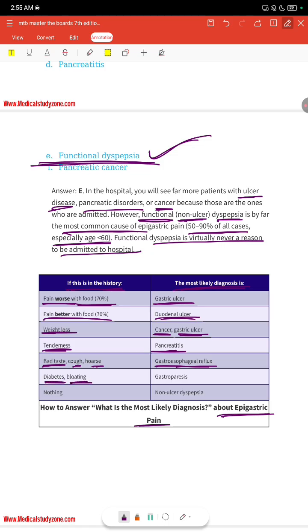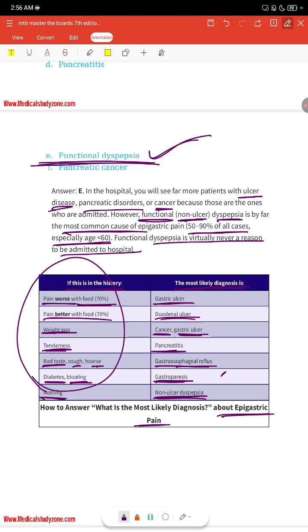Diabetes and bloating, if these two are there in the history, it may be gastroparesis, because the emptying of the stomach content gets slowed in the diabetic patients due to the autonomic neuropathy, and it causes problems like flatulence, bloating, etc. If the history contains none of these, it means that it is non-ulcer dyspepsia, which is out there in 50 to 90% of all cases, especially in age less than 60.